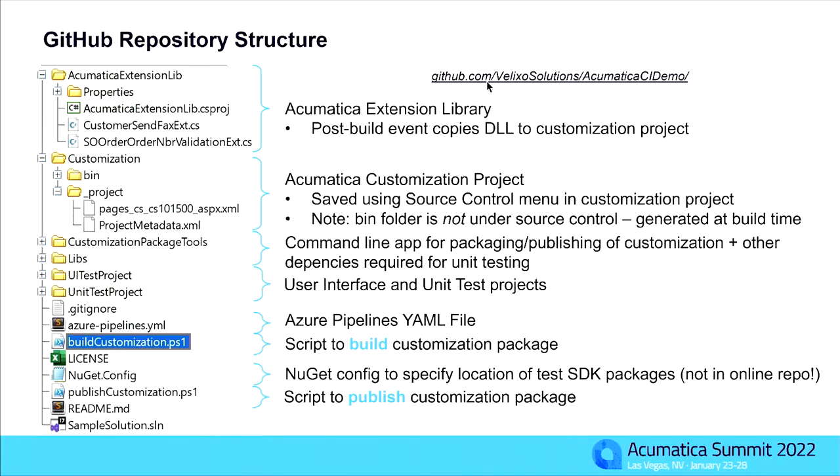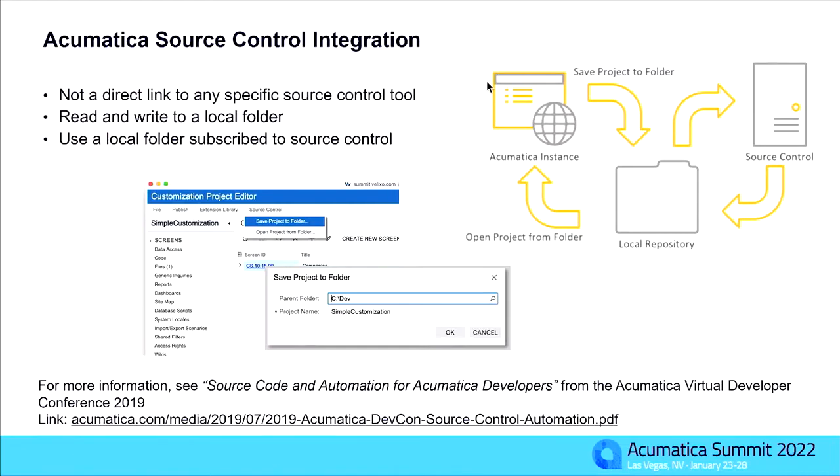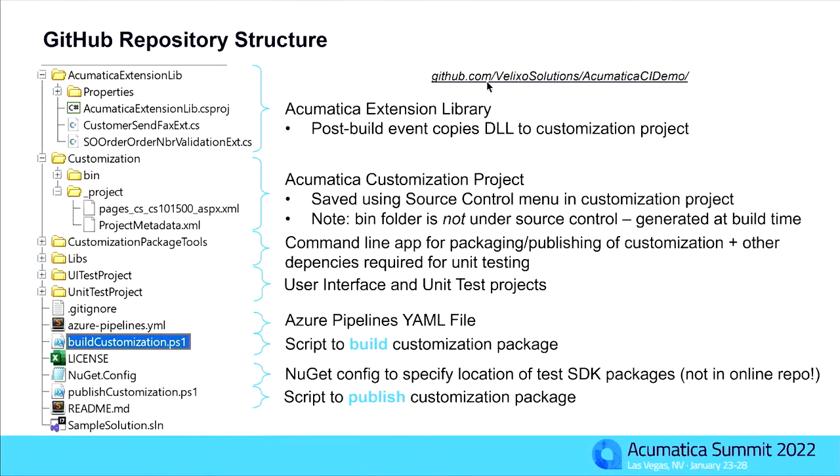The customization folder. This is the actual Acumatica customization project. When you create customizations in Acumatica, you might notice that there is this customization menu. In the customization project, you have that source control option right at the top. This is what I use to create the customization folder that you see here.